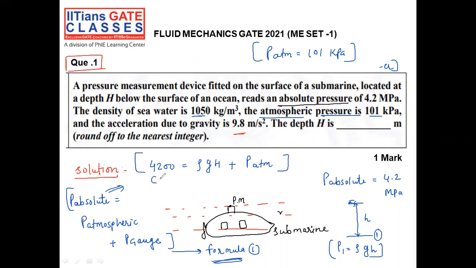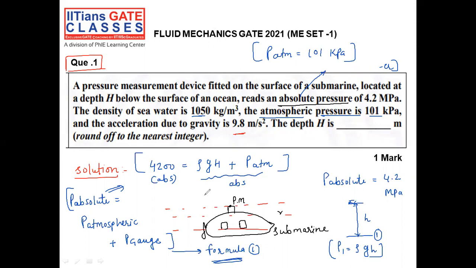Why are we taking atmospheric pressure? On the left hand side we have an absolute quantity, so the right hand side must also be absolute. If they had given only the gauge pressure, suppose the question mentioned the gauge pressure is equal to 4.2 megapascal, then we would not have taken this atmospheric pressure. But here we need to consider the atmospheric pressure, because on the left hand side we have an absolute quantity.